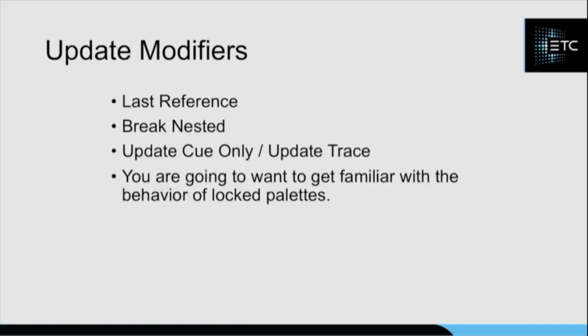We'll get to them. What update last reference does, and usually when I do this in front of people, I use humans because I like to anthropomorphize things. Let's assume that I'm in Q1 and this channel 1, I can't remember the number, is in color palette 1. And that's what is actually stored in the queue. It's color palette 1.